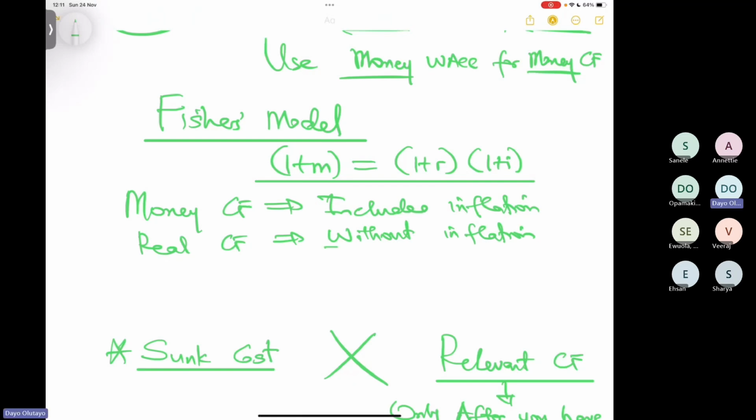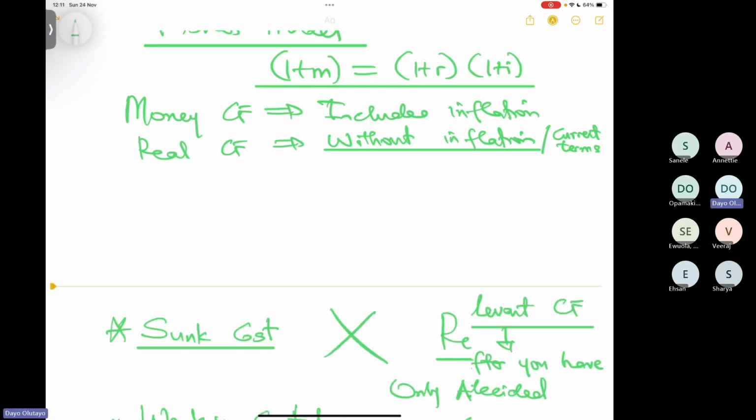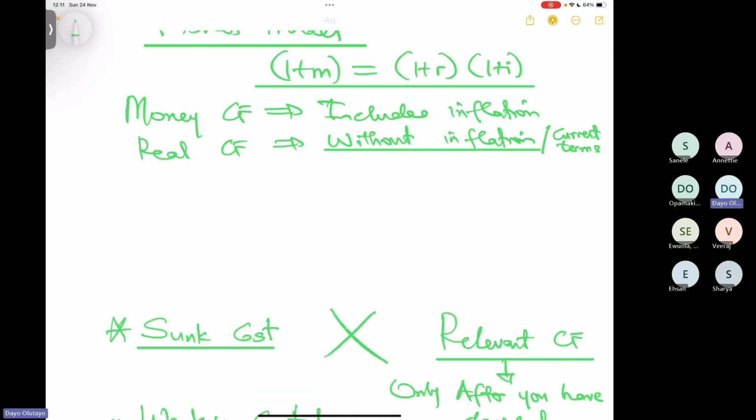So real cash flow, that is without inflation, is said to be in current times. Take for instance, if you want to buy a shoe today, you will buy it for $20. Today is $20. This is real cash flow because this is current times.